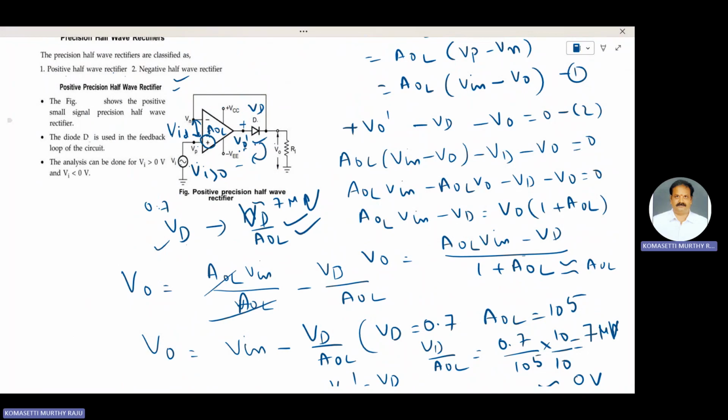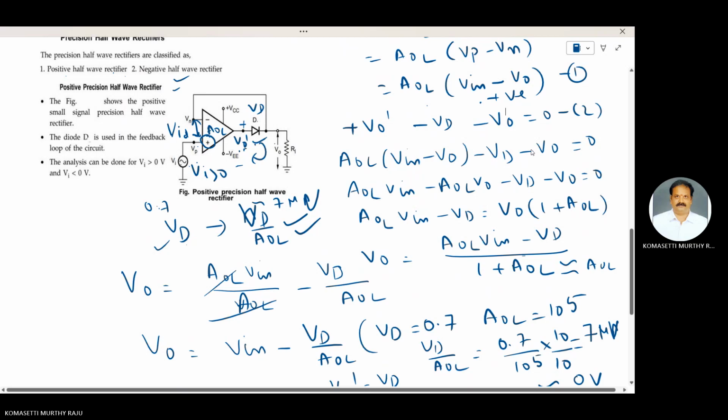Therefore, V naught dash is positive, or else V naught dash is equal to AOL into (Vn minus V naught). This is positive, AOL into positive is positive. The diode D is in forward bias condition. It acts as a closed switch.